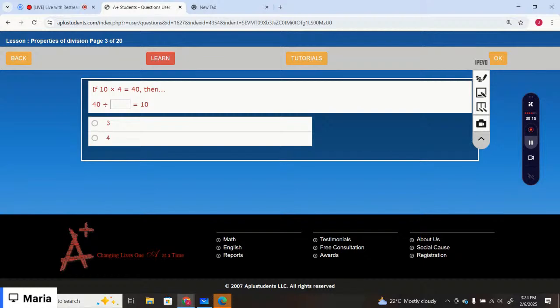Okay, if 10 times 4 is 40, then 40 divided by what number is 10?